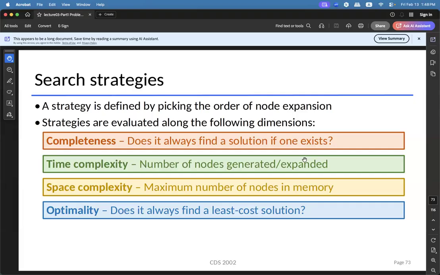And when we are talking about time complexity and space complexity, we will need to talk about the search space, the search tree. When we are running the search algorithm, the major operations are done with respect to the search tree.